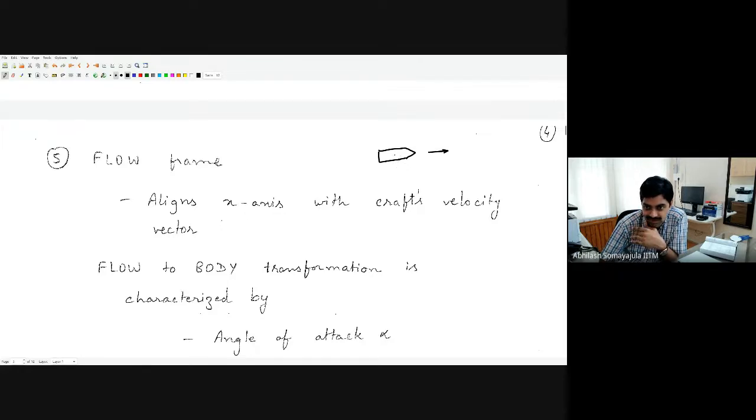So its velocity will be pointed in some direction which is not exactly the longitudinal direction of the ship. That angle we'll define at a later point, which is usually called the side slip angle. But for now, we'll define a flow frame such that its x-axis is along the craft's velocity vector. Is that making sense?